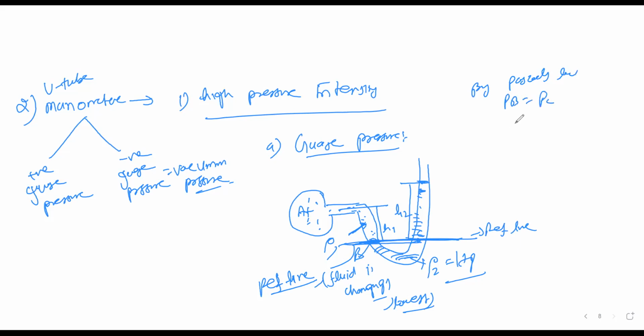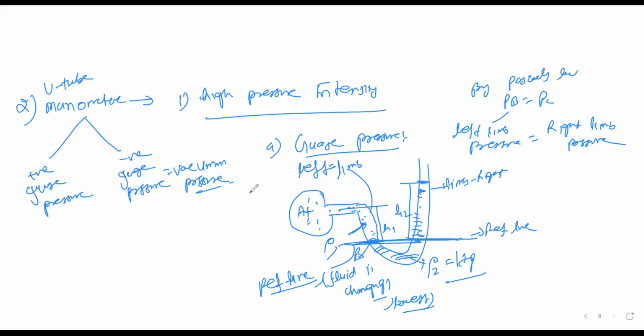at C. And the pressure at B, the left limb pressure, must be equal to the right limb pressure. These are called limbs. This is a limb, and this is also a limb. But this is the right limb, and this here is the left limb.